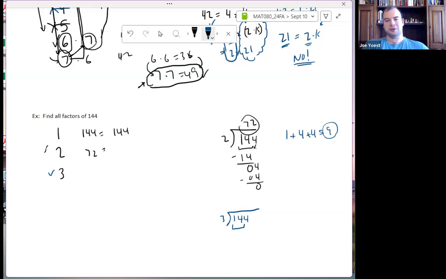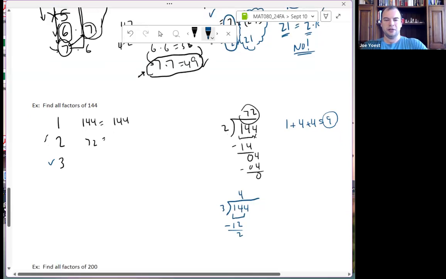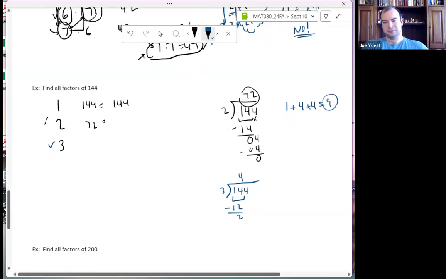What's 144 over 3? Does 3 go into 1? No. Does 3 go into 14? Yes. 4 threes are 12, leaving me with 2 of these 10s left over. 3 goes into 24 6 times.